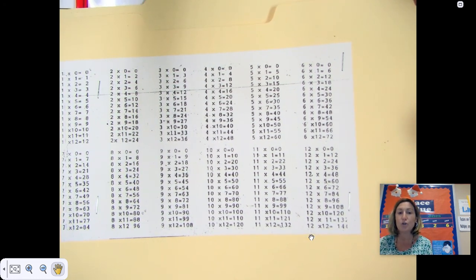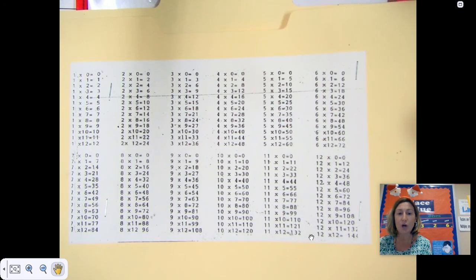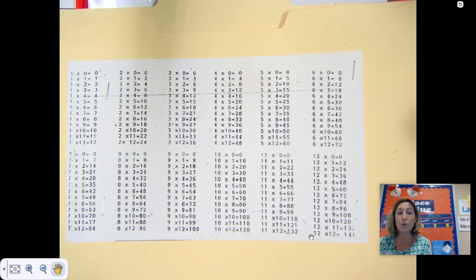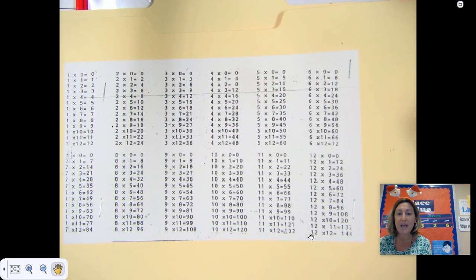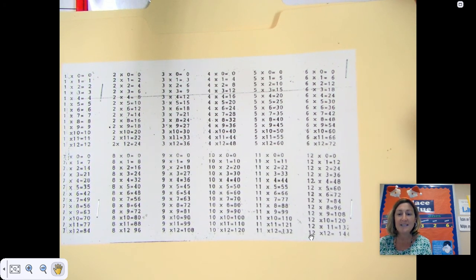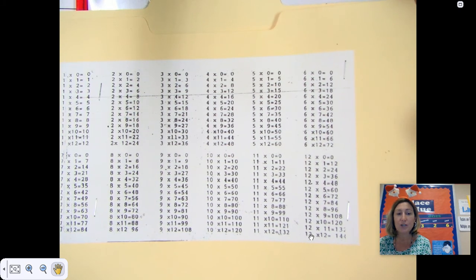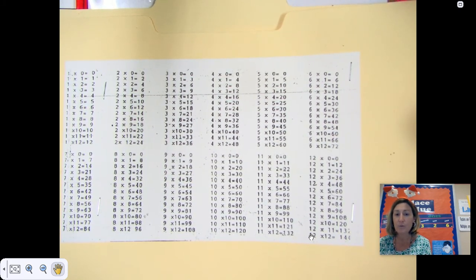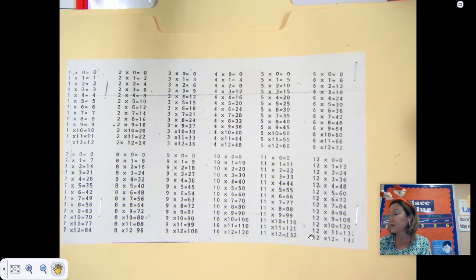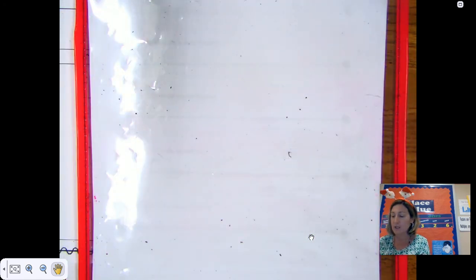We're encouraging you to use your multiplication chart that is on your Google Classroom. Next to each slide, you have a multiplication chart. Pull up that tab and use your multiplication chart when you are looking at prime or composite numbers, okay? So don't forget to do that. That will be very helpful to you.